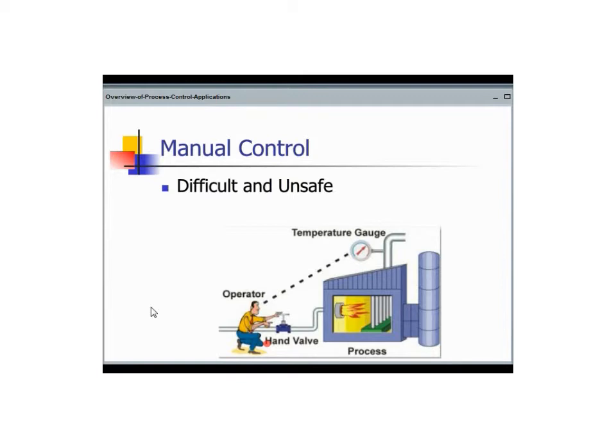It's a very hot and difficult place to work, and operators don't appreciate having to go out and manually move the valves. Imagine there are hundreds, if not thousands, of process control loops, and if for every loop there's an operator that needs to be looking at it, it's not very safe.